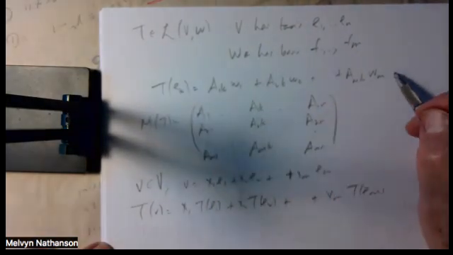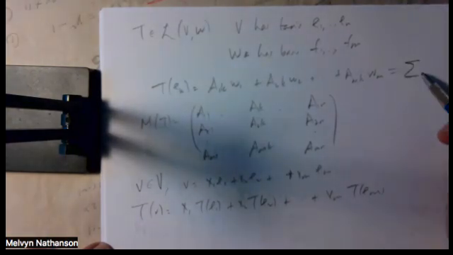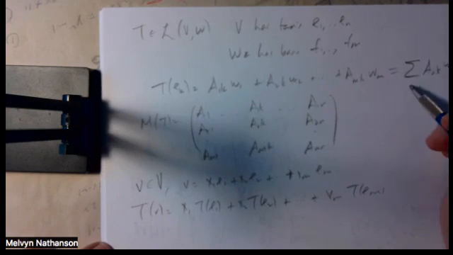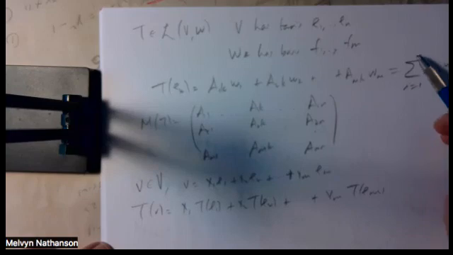And each T of ek, let me just use sigma notation, is the summation a_ik w_i, i goes from 1 up to m.